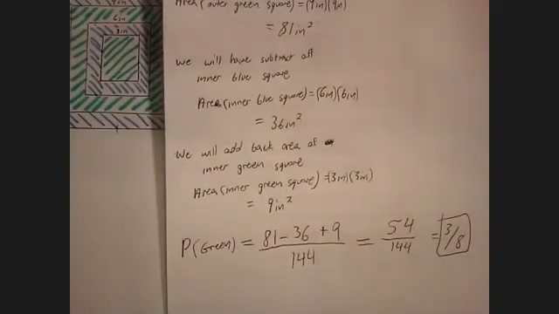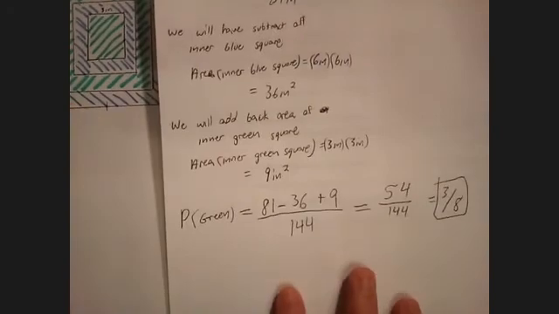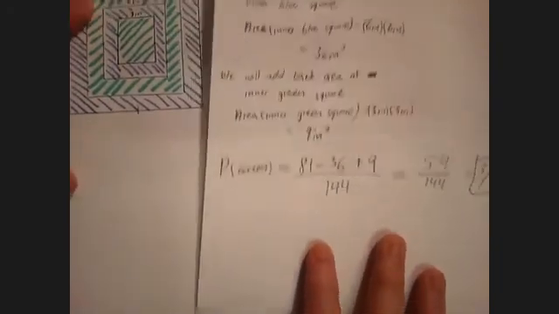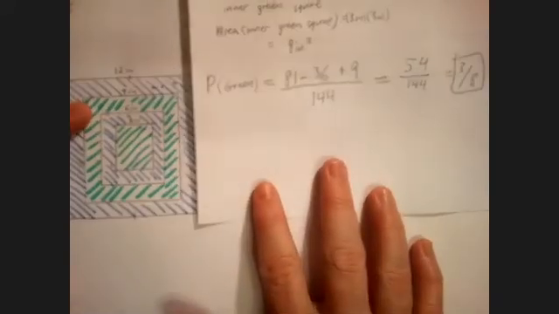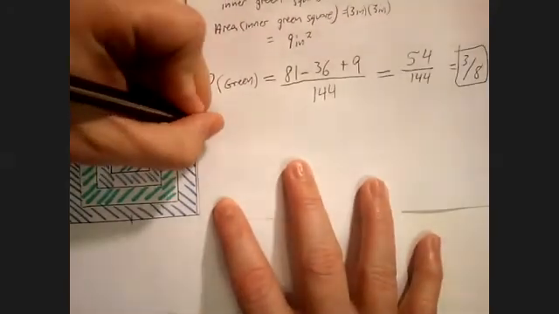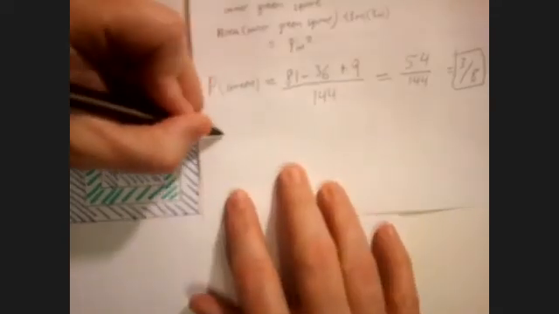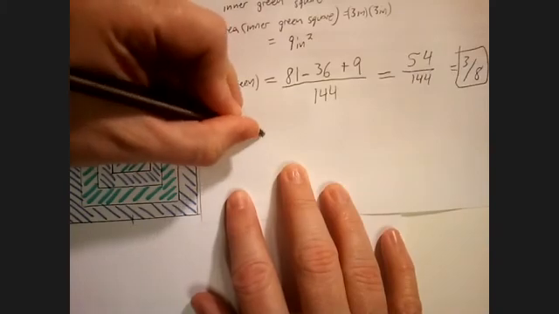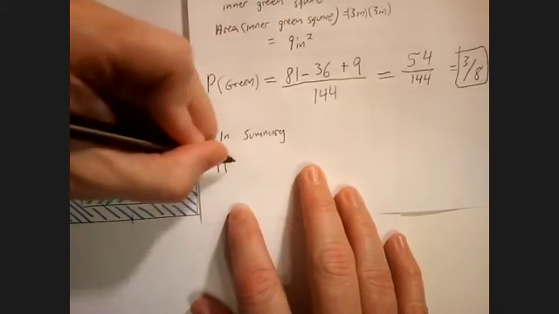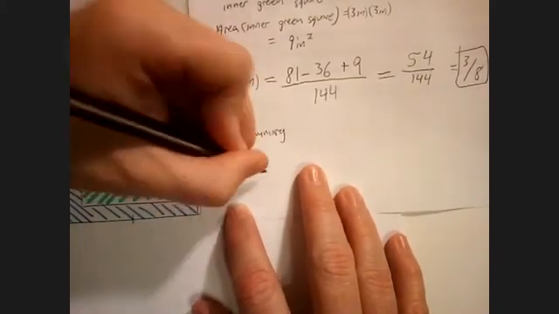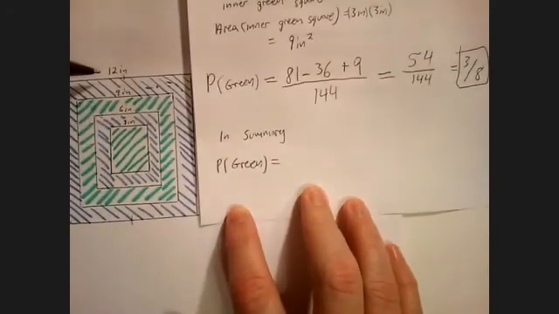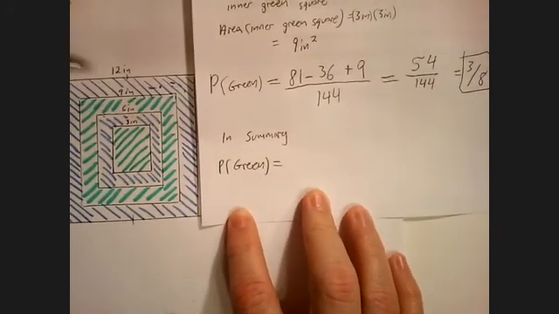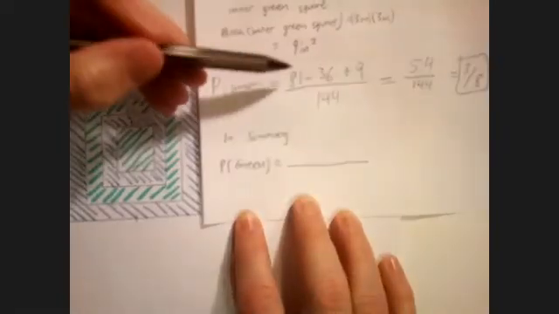Okay. So I'm going to show you kind of a summary that you might can apply to yours. So let me move this up here. So I'll say, in summary, probability of green on this guy is, so on mine it was 81.